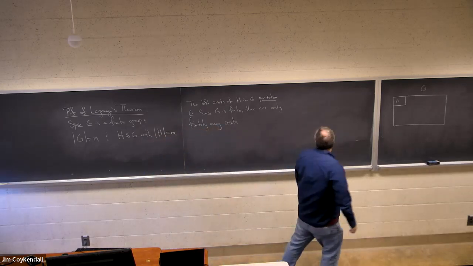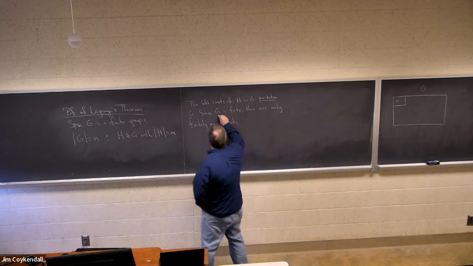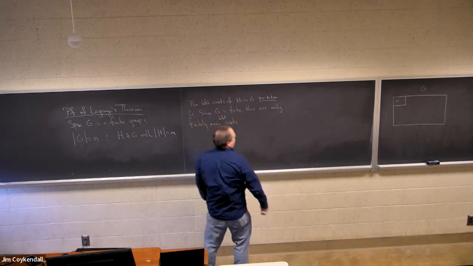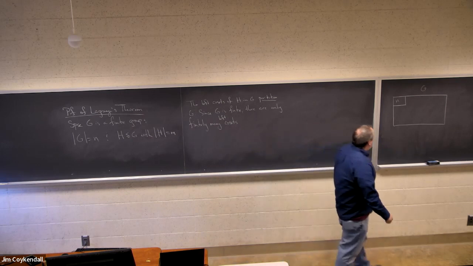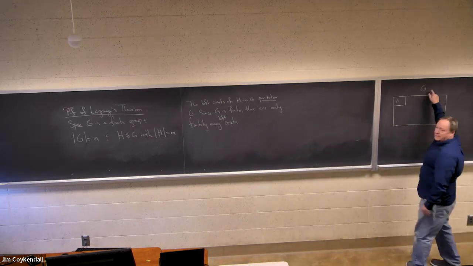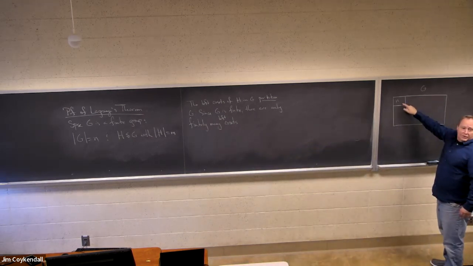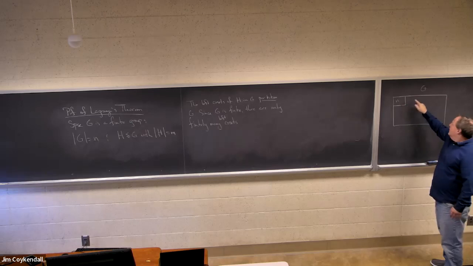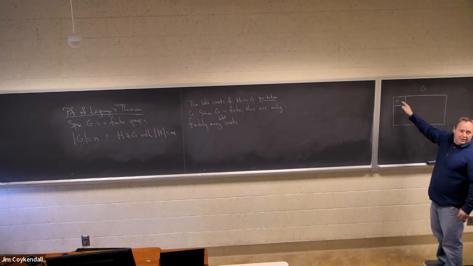Right, because there's only finitely many things in G, and there's at least one thing in H, agree? Even if H is only the identity subgroup, it's only got one element, then there's at most n cosets, right?